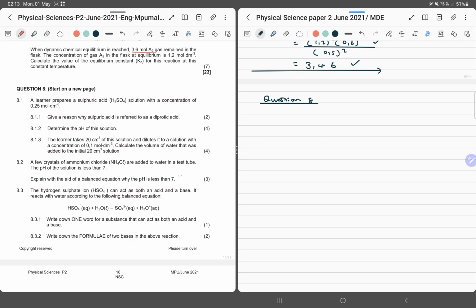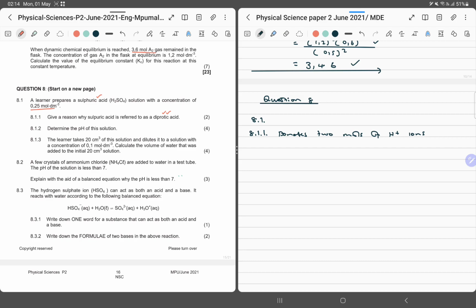So we're told Elena prepares sulfuric acid, which is H2SO4 solution, with a concentration of 0.25 mole per decimeter cubed. It says give a reason why sulfuric acid is referred to as a diprotic acid. Of course, the word is self-explanatory. It is because it donates 2 moles of H+ ions.